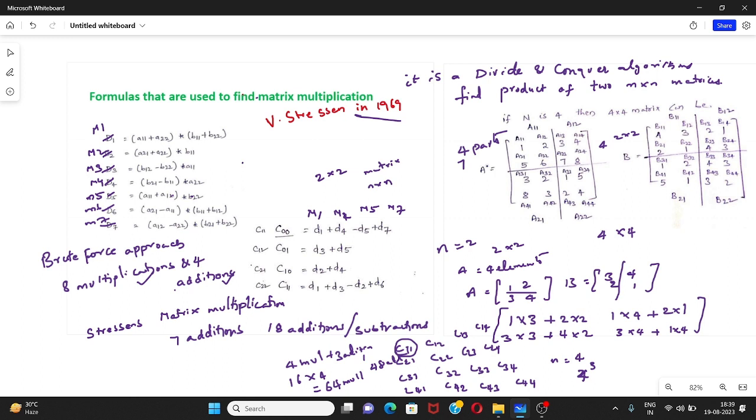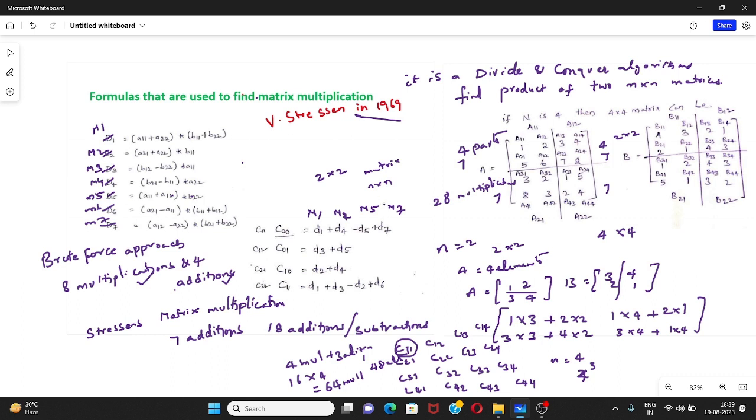It takes 7 multiplications. So for this part it takes 7 multiplications, for this it takes 7, for this also 7, and for this 7. So totally, how many multiplications are required? It requires 28 multiplications for 4 by 4 matrices.